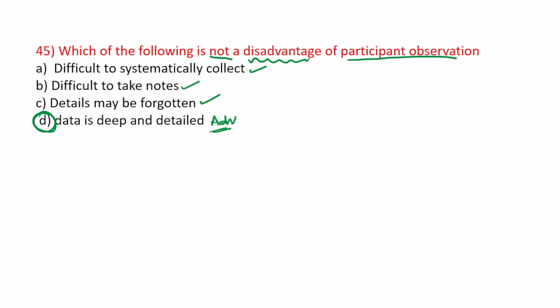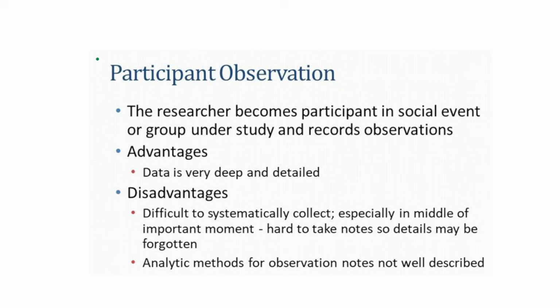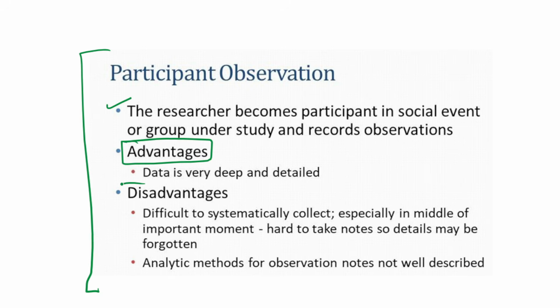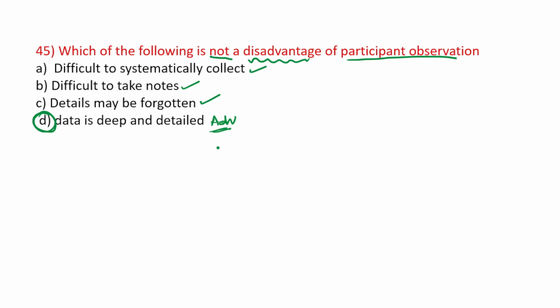Now, see this chart over here. This is a presentation on participant observation. In it, they have clearly mentioned what a participant observation is, what the advantages are, and what the disadvantages are. In the advantages, they have mentioned that the data is very deep and detailed. So this itself is our answer for our question. Let us see the other options.